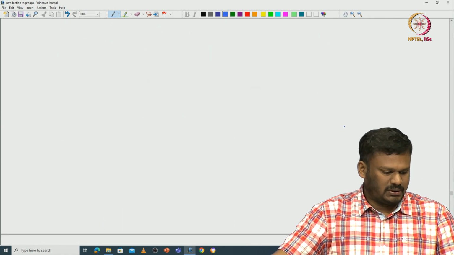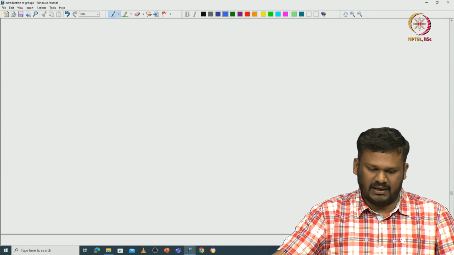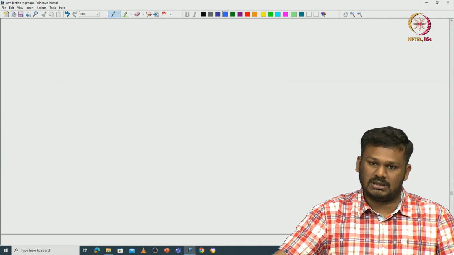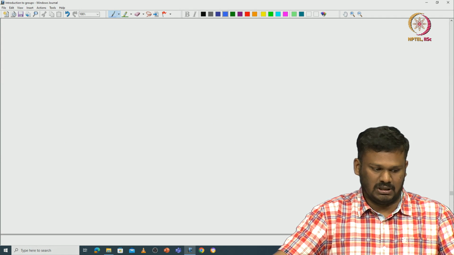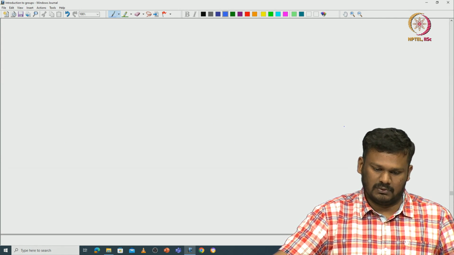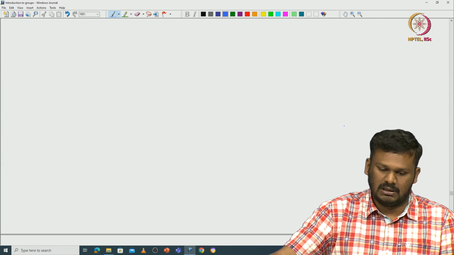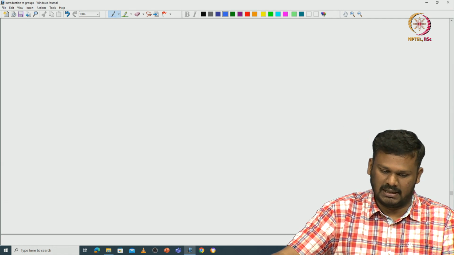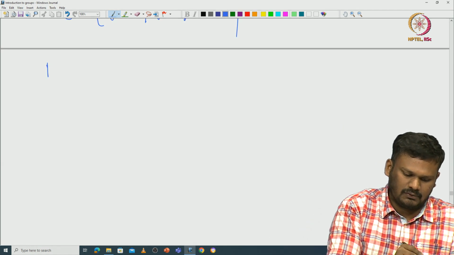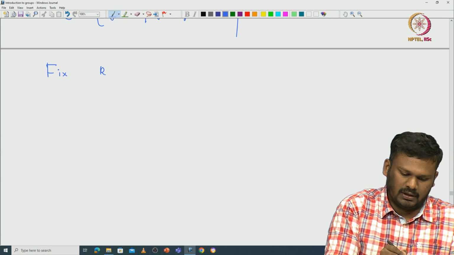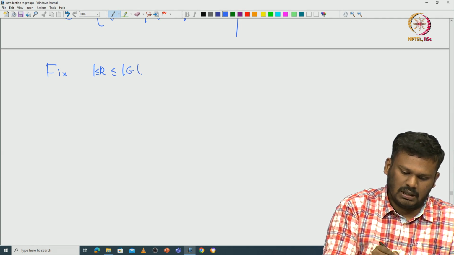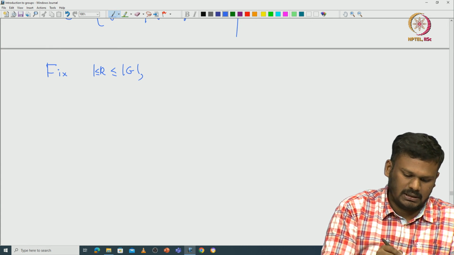Now, similar to this, one can define, using conjugation, an action of G on elements of subsets of G that have cardinality K. Again, you fix K from 1 to the cardinality of G. Now look at this set.